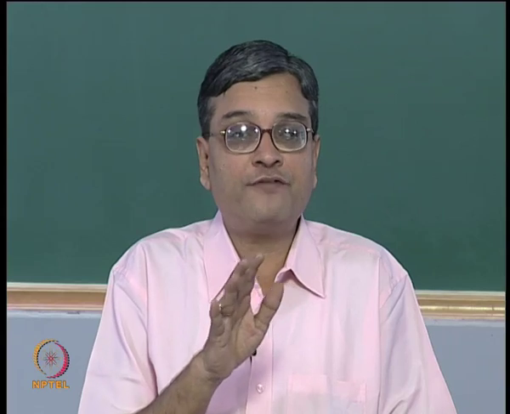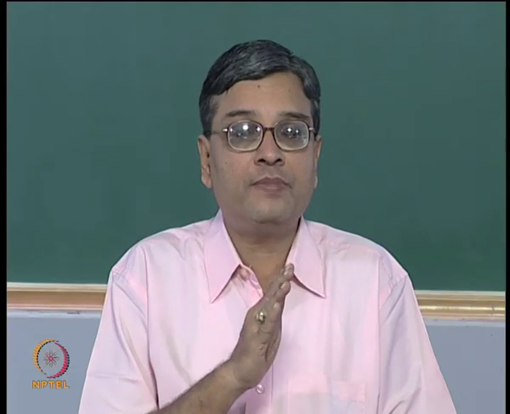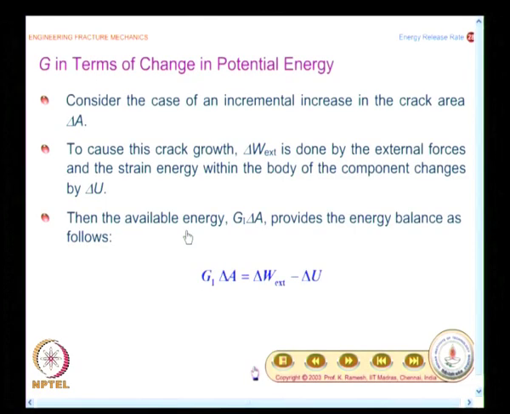So, you should not confuse these two, when you are trying to write a generic expression which will have components from external work done as well as change in strain energy. Since we have already looked at what is energy release rate, I could write the energy balance in this fashion. If I do not know what is energy release rate, we would write this on the left hand side and write this on the right hand side.